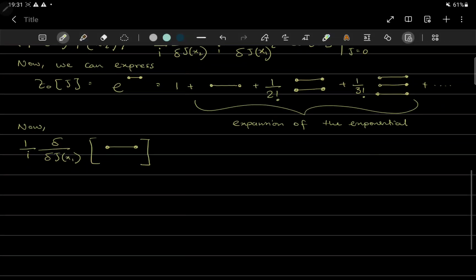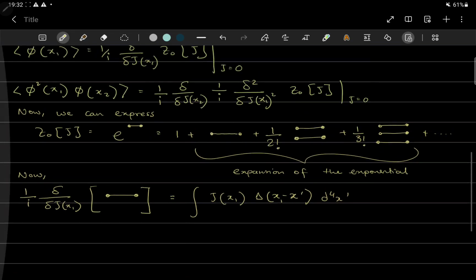Okay. So therefore this will equal, now writing the diagram out, x1 from x prime, d4 x prime, right?